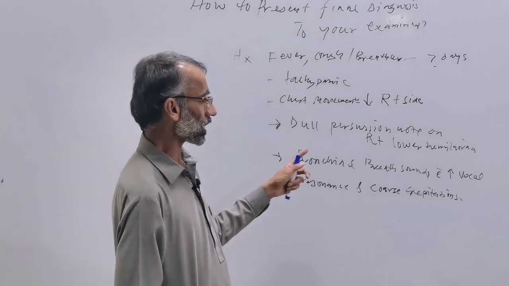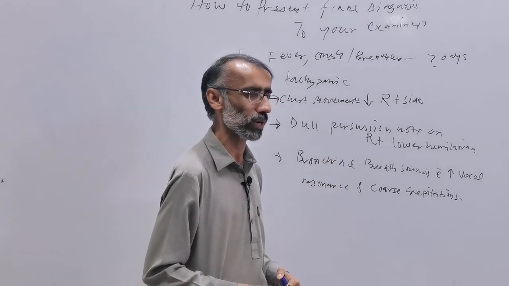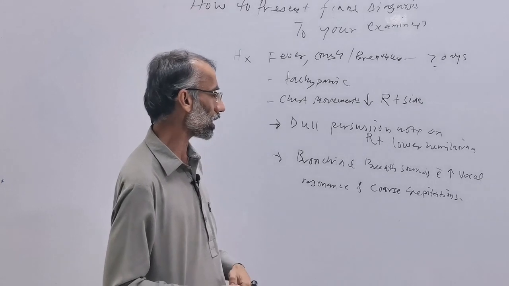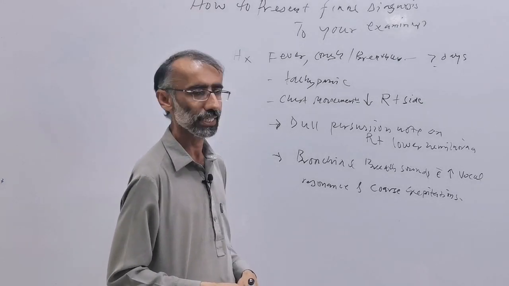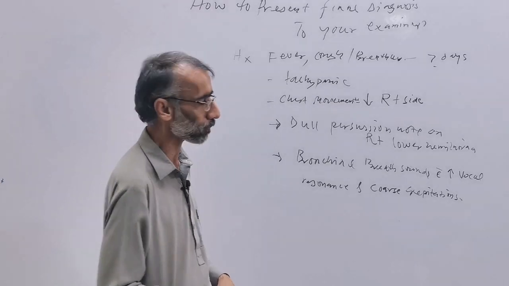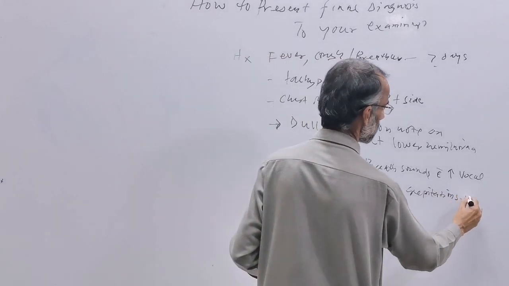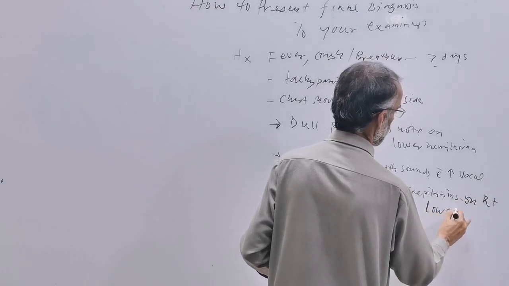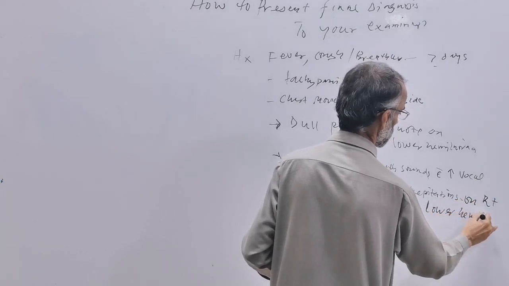There is dull percussion note on right lower hemithorax, and there is bronchial breath sound with increased vocal resonance and coarse crepitation on right lower hemithorax.